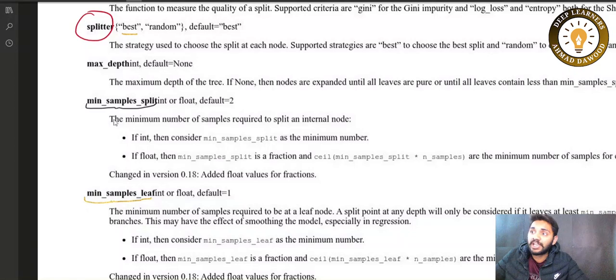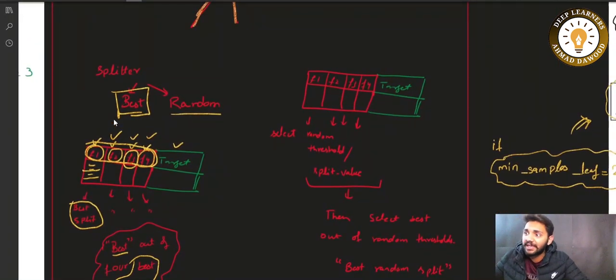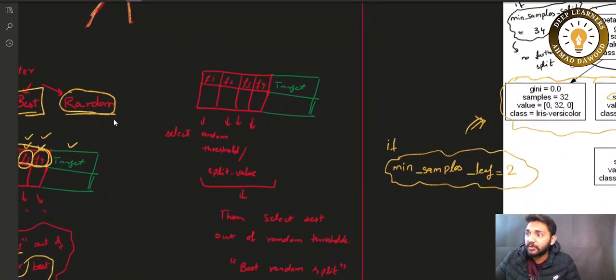This is the case when you have passed the value best to that splitter hyperparameter. But if you pass random, there will be a slightly different case. In the case of random, when you pass the random value to this splitter, it means that when you have four features, it will select a random threshold between the mean and max value of F1.